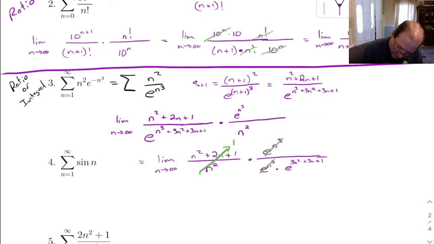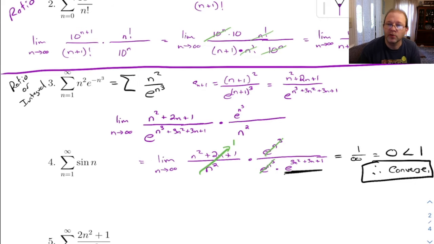This and this cancel, and so we're left with nothing but 1 on top, and we've got this left on bottom. So this limit is going to go to basically 1 over infinity, or 0. So that's less than 1, so therefore this is going to converge. That's one way to do this problem.